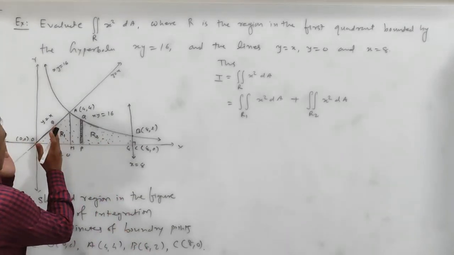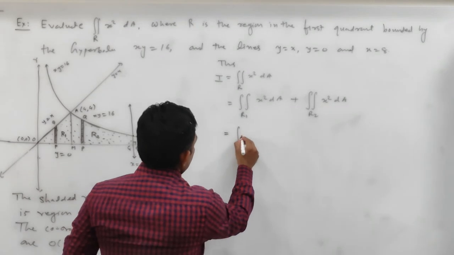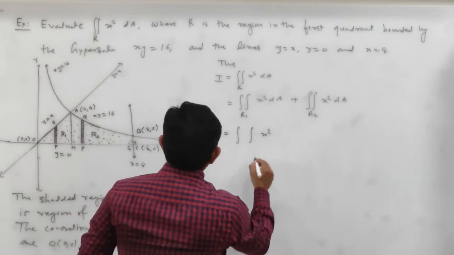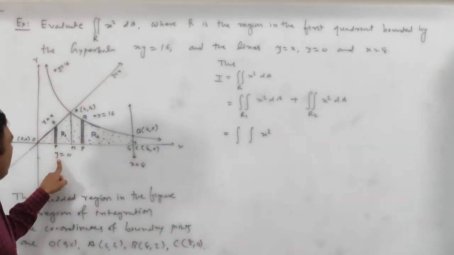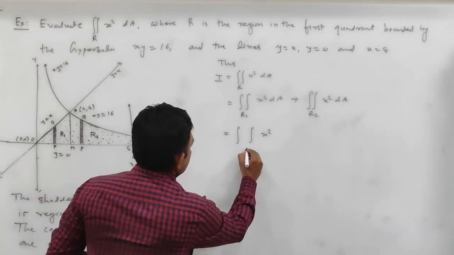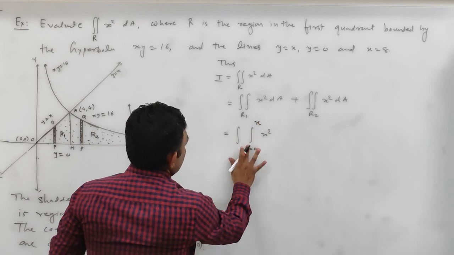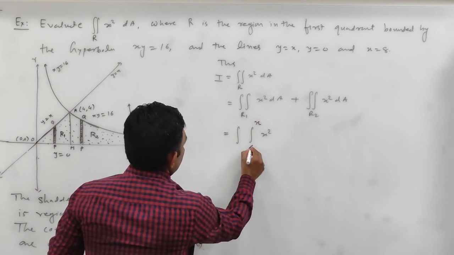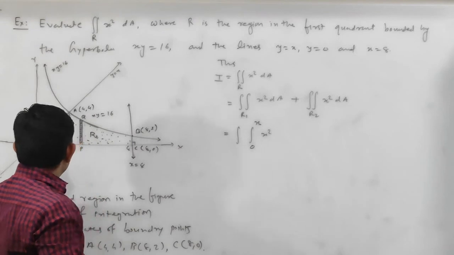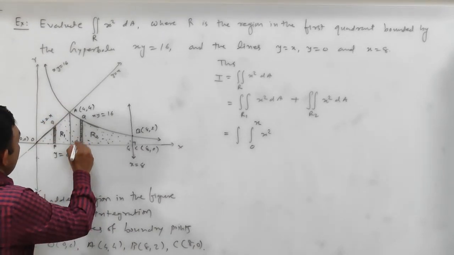Now just look at the first region R1. The limits of y will be from y equal to 0 to y equal to x, and the limits of x will be from 0 to this. What will be the coordinates of M?